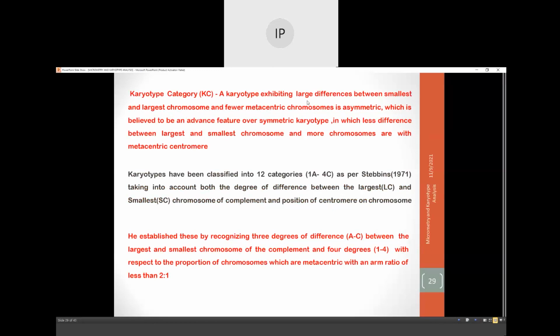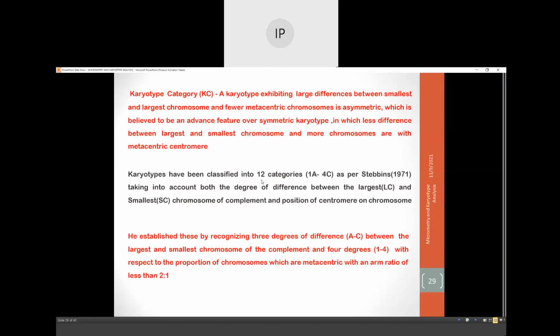A karyotype exhibiting a large difference between the smallest and largest chromosome and fewer metacentric chromosomes is asymmetric, which is believed to be an advanced feature over a symmetric karyotype, in which there is less difference between the largest and smallest chromosome and more chromosomes with a metacentric centromere.